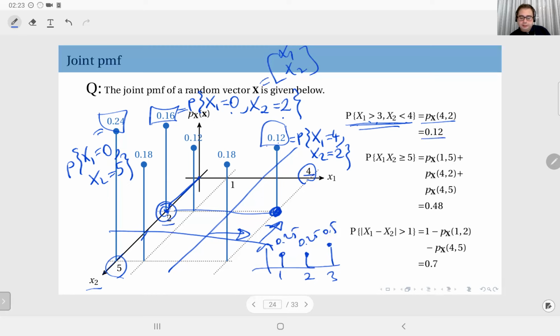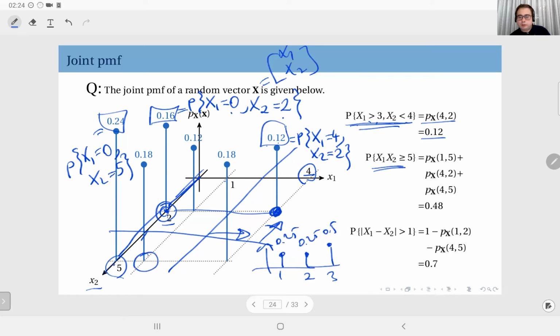Next, the probability that X1 times X2 is greater than or equal to 5. Now I have to look at each of these values to understand which ones satisfy this event. Obviously when X1 is 0, these are out. When X1 is 1, I just have this 5 here.